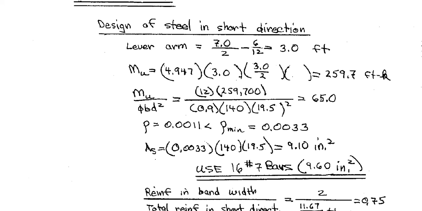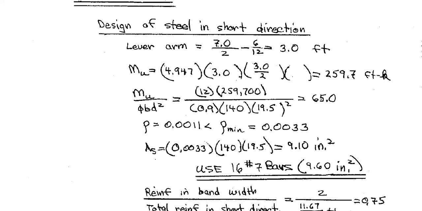Now you have to say this rho should be more than the minimum and less than the maximum, and minimum was 0.0033. So it is less than the minimum, and they cannot take less than minimum. They have to take the minimum. So they took this value 0.0035. Then b d.